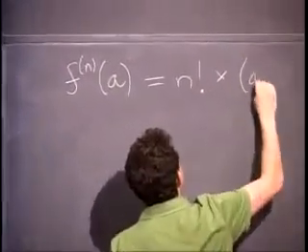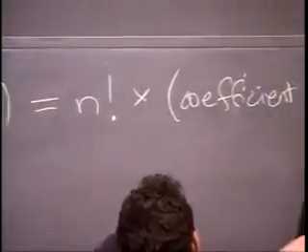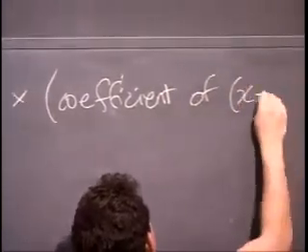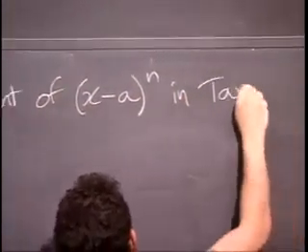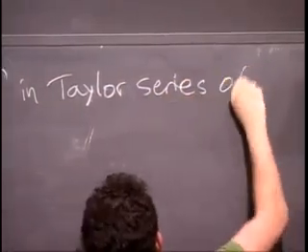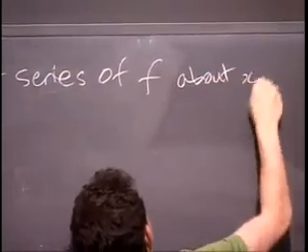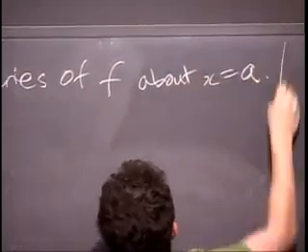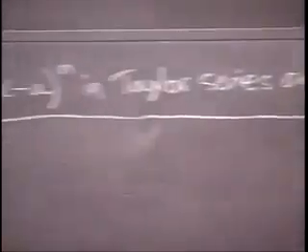And the an is the coefficient of x minus a to the n in the Taylor series of f about x equals a. And here is the box.